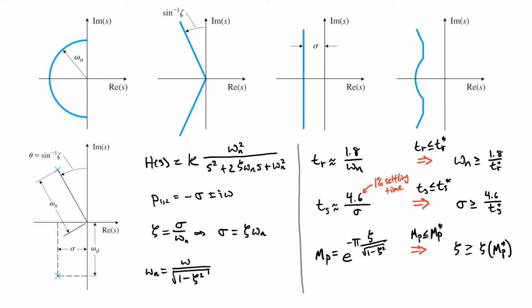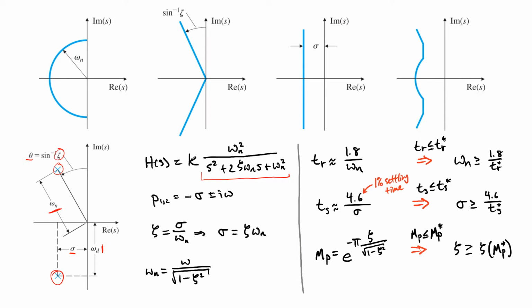So remember, we're going to deal with generic second order systems that we've characterized like this, where we have two closed loop poles, a pair of complex conjugates, and they are characterized either by a real part and an imaginary part, or by a magnitude and a phase, where that phase is going to be written as the inverse sine of this damping ratio.